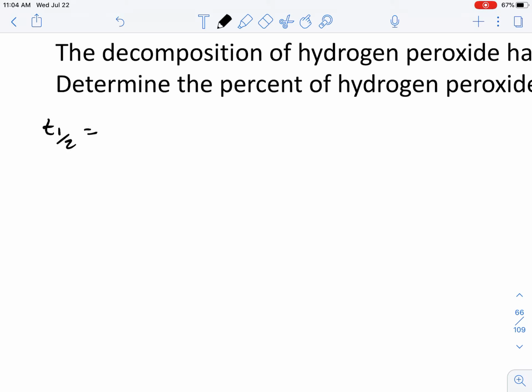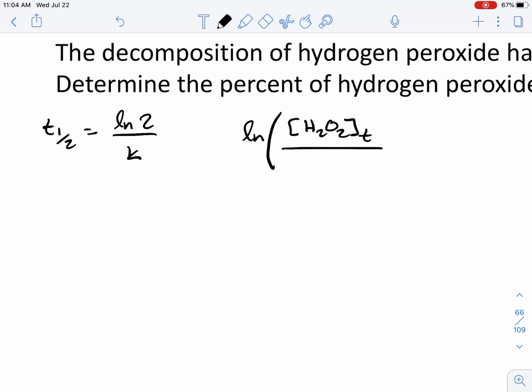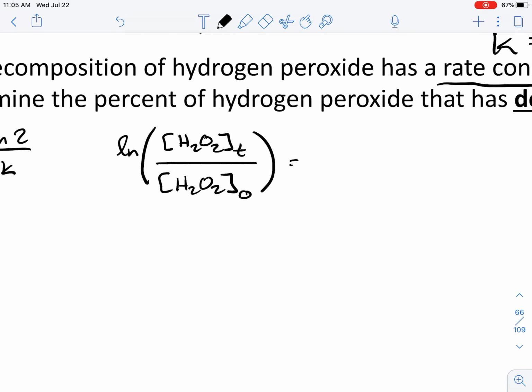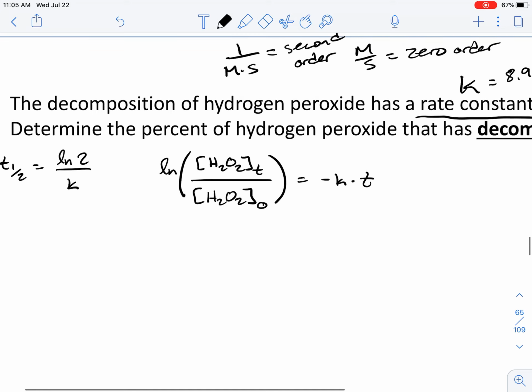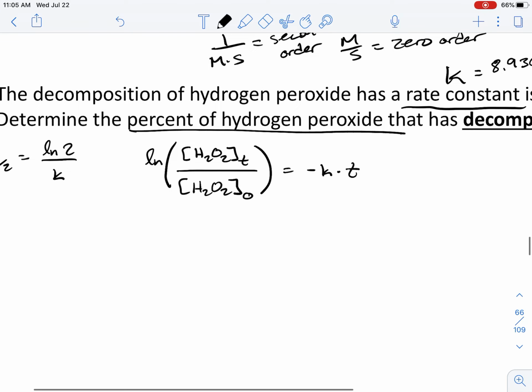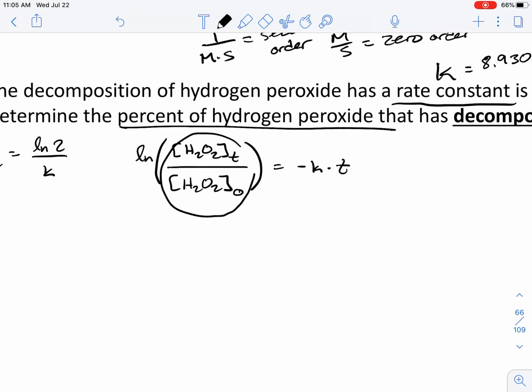So we know that the half-life for first order kinetics is going to be natural log of 2 over the rate constant K, and that the natural log of the concentration of hydrogen peroxide, H2O2, at any given time, divided by the concentration of hydrogen peroxide at the initial time, so the initial concentration, is equal to negative K times T. And so since we're trying to determine the percent of hydrogen peroxide, what we're really solving for is the ratio between the numerator and the denominator.